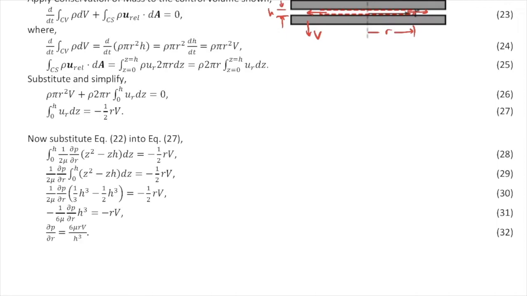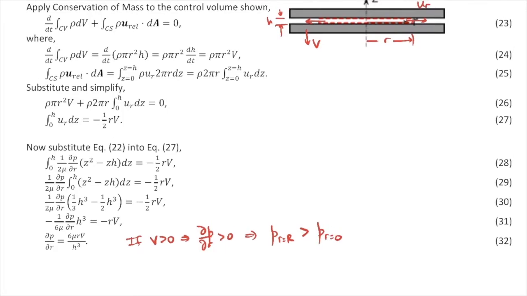Just a couple of things to note with this pressure gradient. First of all, you'll see that when V is positive, as it's directed downward here, this pressure gradient is positive. So if V is positive, then dP/dr is positive, which means that the pressure when r is equal to capital R will be greater than the pressure when r is equal to 0.